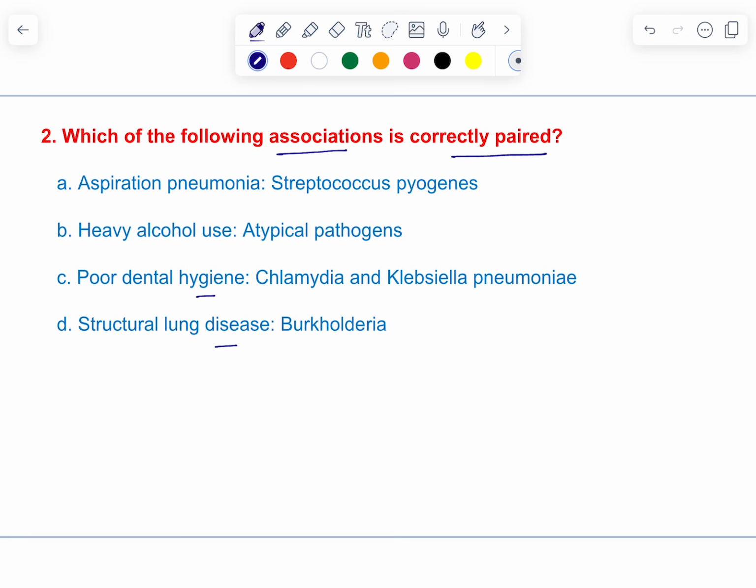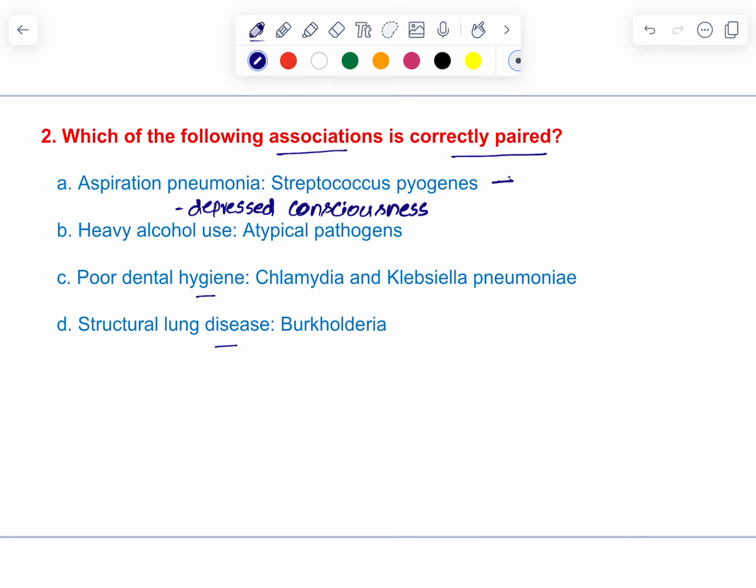So first and foremost, you take the aspiration pneumonia. See, aspiration pneumonia is the one which occurs in an individual who is completely depressed, in the sense the individual has a depressed consciousness, right? Or the individual is in a state of altered sensorium. In them, aspiration pneumonia is very common.